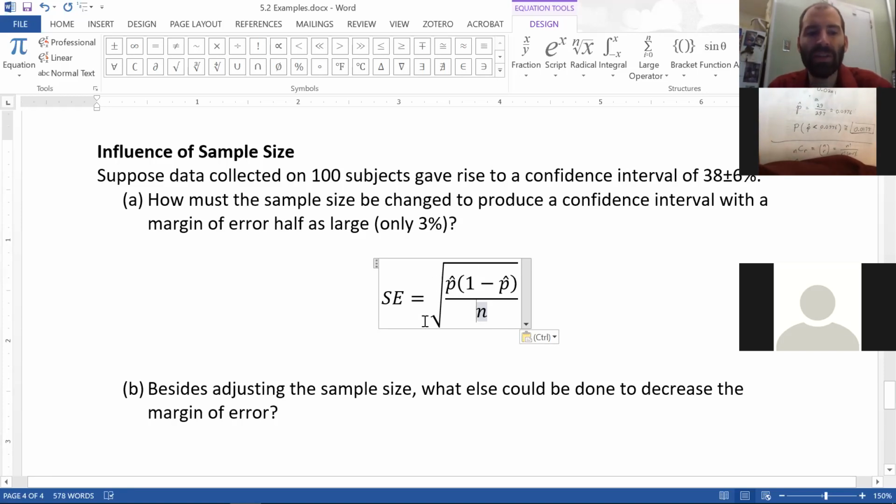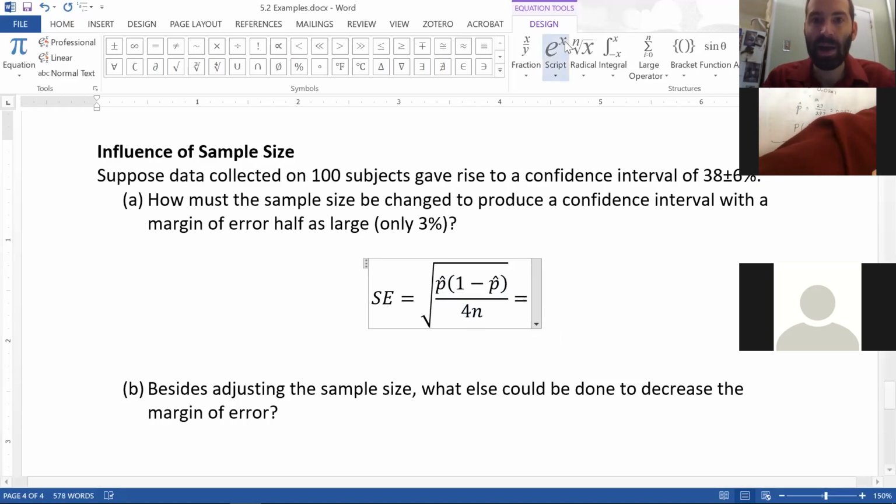So if I want something half as big, to get a 2, I need to take the square root of 4. So really, to get a margin of error half as big, I have to multiply my sample size by 4. Because if I put a 4n down here, let me just copy this.